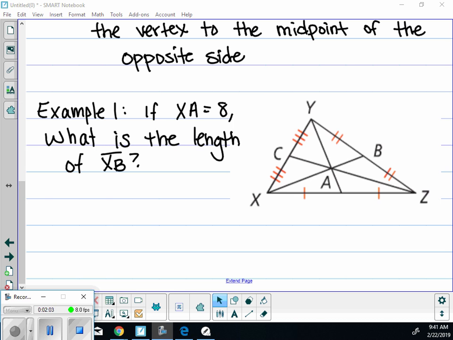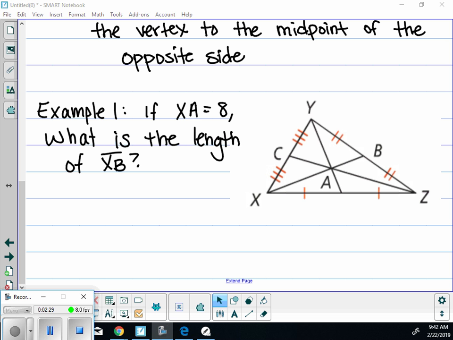So a lot of what we're going to do dealing with the centroid is we need to recognize that our three segments that they have drawn into this triangle, we need to be able to recognize what's special about them. So what they're giving us is that this segment XA is congruent to this segment AZ.